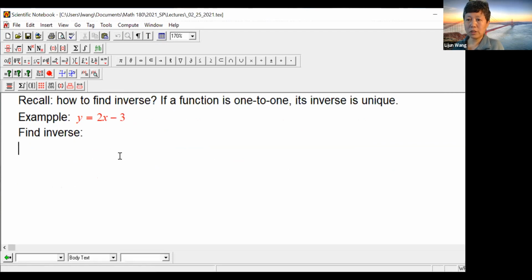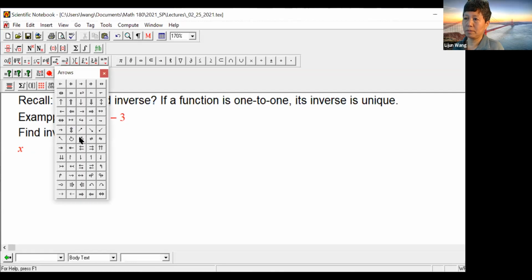The first step you do is swap x and y. Switch.